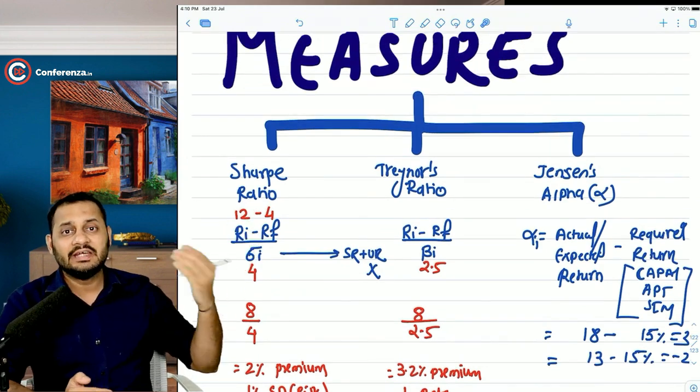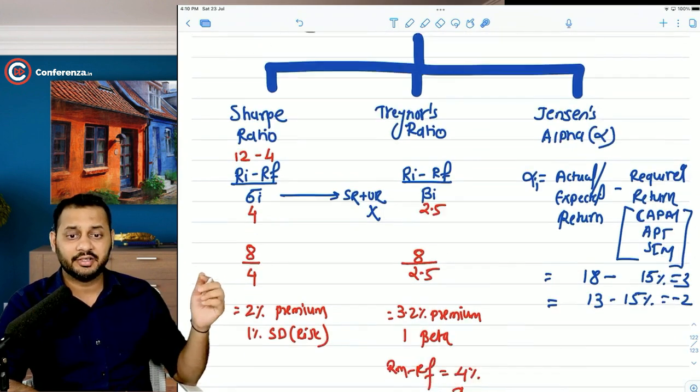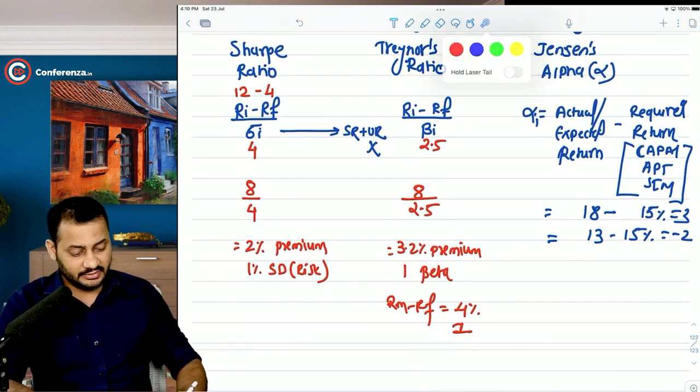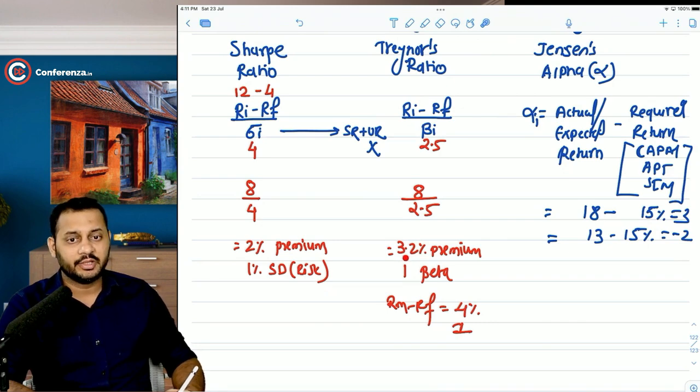Treynor ratio, the security with higher Treynor ratio gives you the better answer, a good opportunity to invest in a high premium security. So 3.2% premium for 1 beta. This 1 beta will remain the same for all the securities and the higher premium will be preferred.